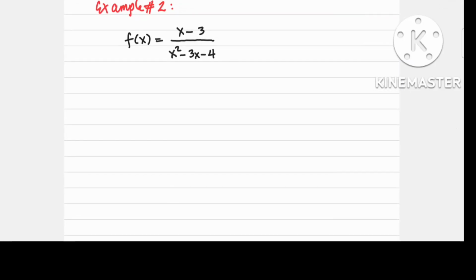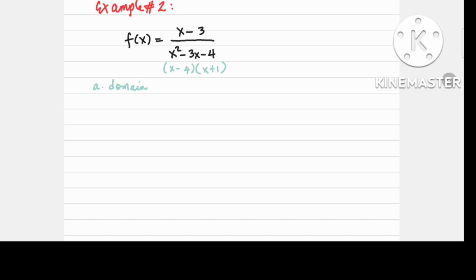Let us determine the required parts and properties of this rational function. So, letter A, we find the domain. Here, you should be able to factorize the denominator for you to be able to clearly see what values of x are not allowed. You should be able to see that x squared minus 3x minus 4 when factorized gives x minus 4 and x plus 1.